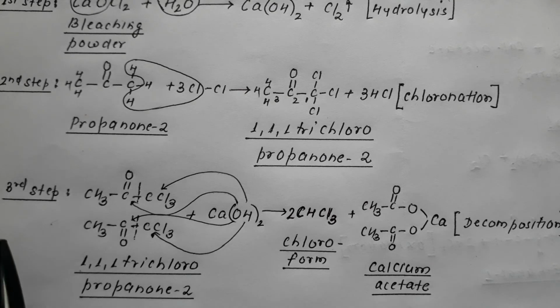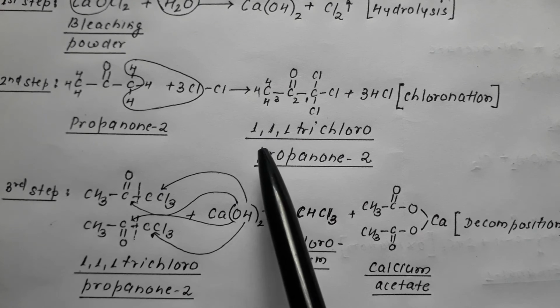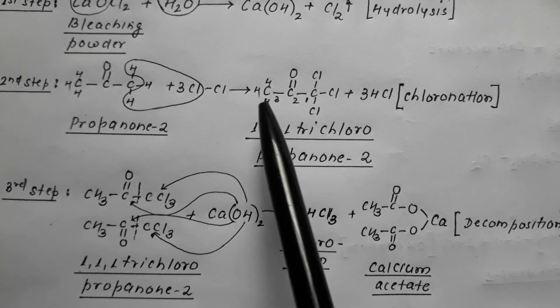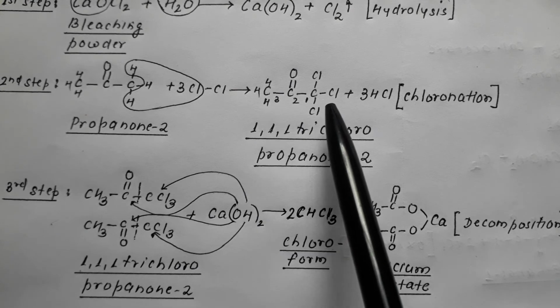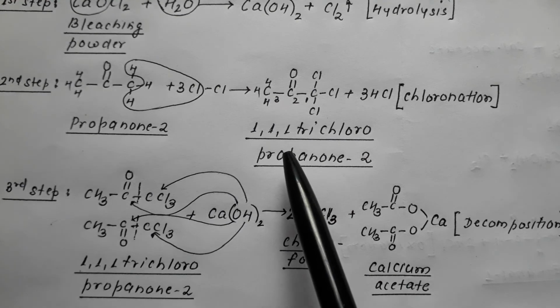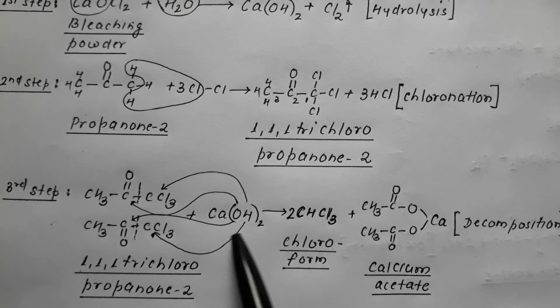In the third step, two molecules of 1,1,1-trichloropropanone-2 react with one molecule of calcium hydroxide.